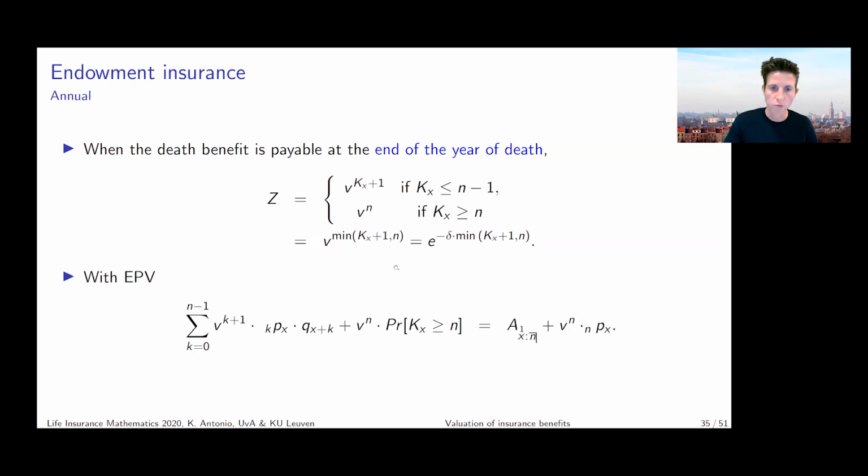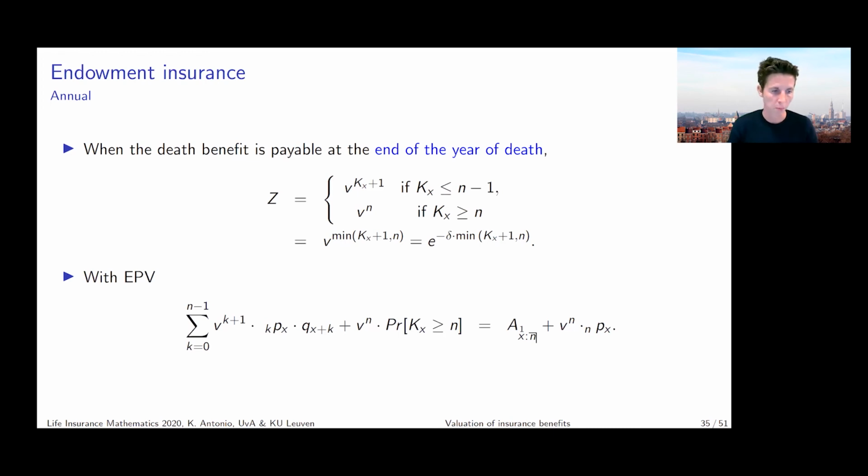If you work out the valuation formulas, in line with what we did together on the iPad, you'll recognize the valuation formula in discrete time for the term insurance with duration n plus v to the power n times npx, and that's again the valuation expression for the pure endowment with duration n. So that is in line with the continuous setting.